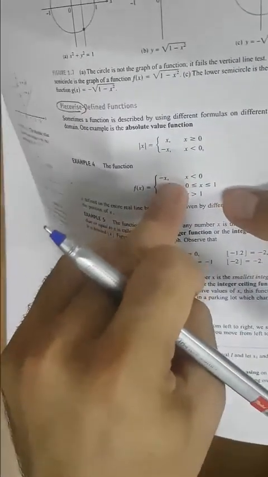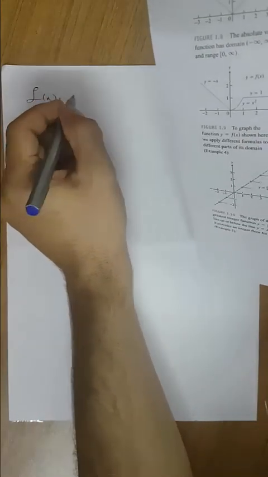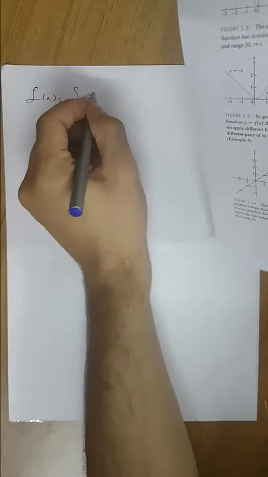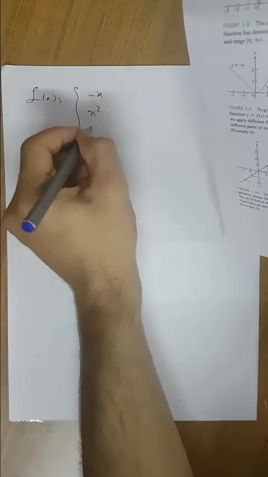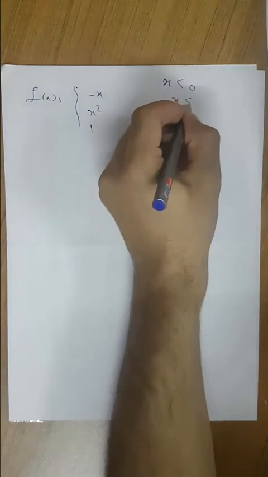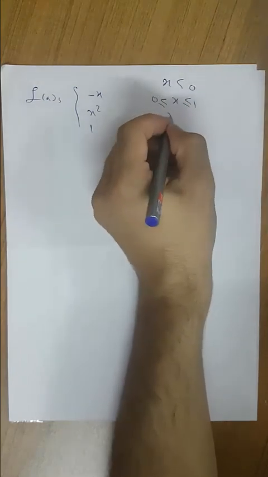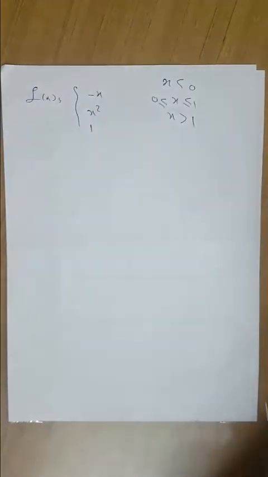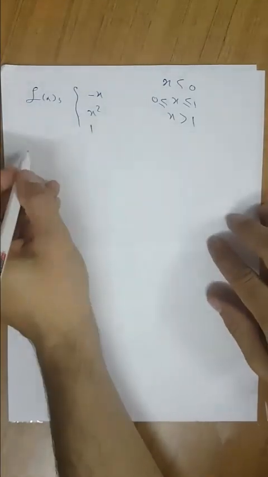Now I'm giving you a real example. Example 4. Tell me about the domain. F of x is equal to minus x for x less than 0, x squared for x between 0 and 1, and 1 for x greater than 1. Now tell me about the domain, d of f.